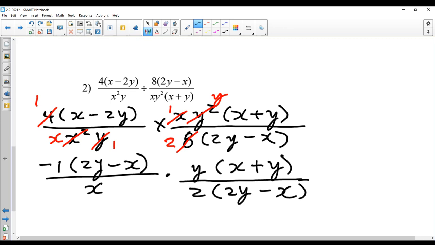We already reduced out the x and the x squared and all that stuff, but we still had an x there. We had a 2 here. So we're still left with 1 over x minus 2y, except because it's a negative 1, it's now 2y minus x. That's over x. 1 times y, which is just y. X plus y over 2 times 2y minus x.